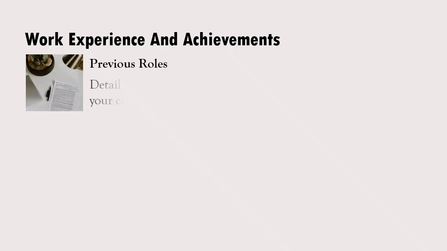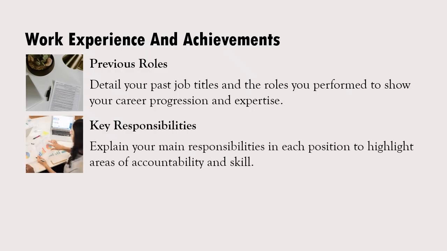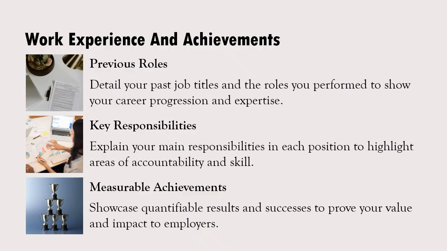The next one is we need to add some work experiences and achievements, as we had discussed in the earlier slide also. We need to mention what are the previous roles we have taken up, like the detailed past job titles. Then we need to add a certain career progression as well as the work experience and expertise. Then we need to explain the main responsibilities we have taken in the previous job position, and then we need to showcase the quantifiable results and successes to prove your value and impact to the employers.